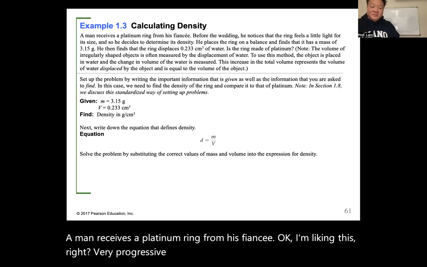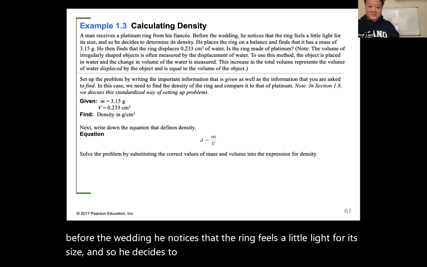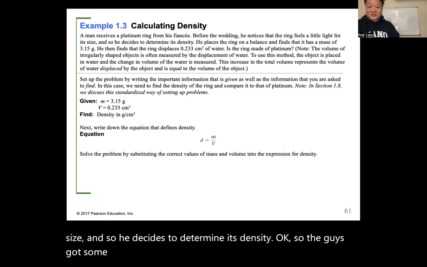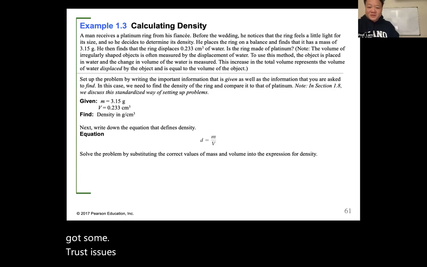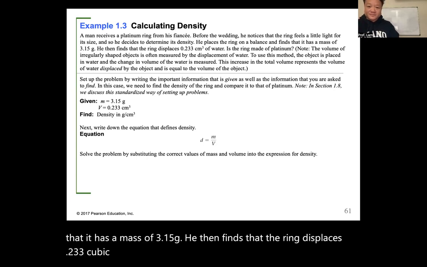The man is being proposed to, and before the wedding, he notices that the ring feels a little light for its size, and so he decides to determine its density. Okay, so the guy's got some trust issues, right? So he places the ring on a balance and finds that it has a mass of 3.15 gram. He then finds that the ring displaces 0.233 cubic centimeters of water. Is the ring made of platinum?